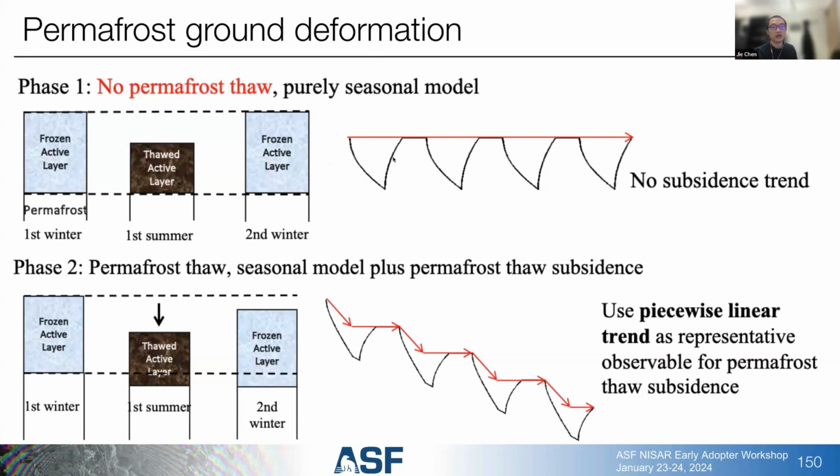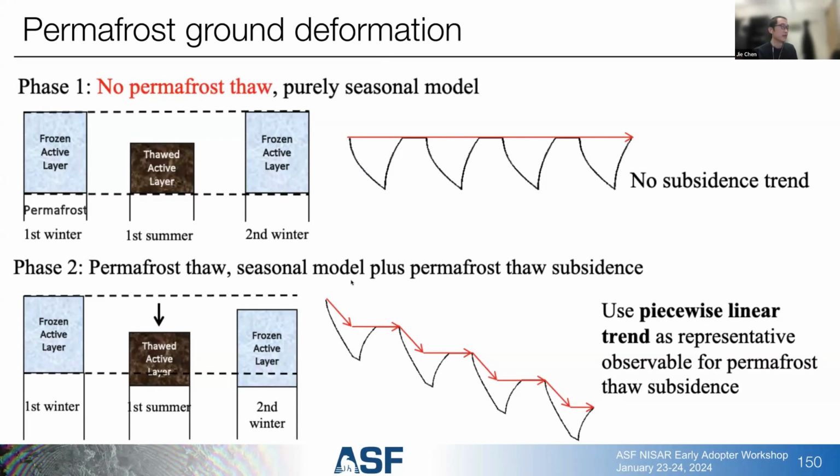If there is no other disturbance, such as climatic extremes or changes of soil moisture, ideally the seasonal subsidence will be a periodical deformation.